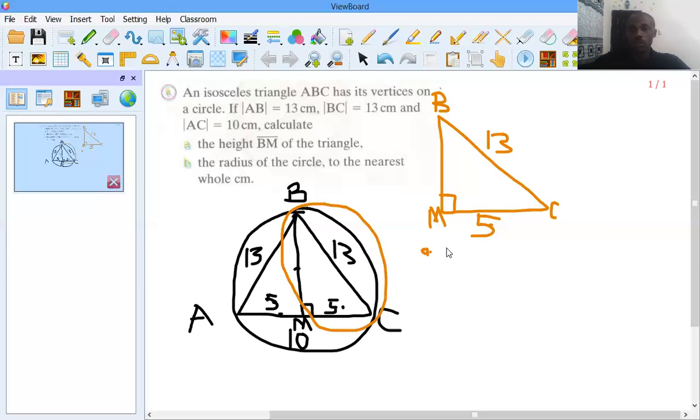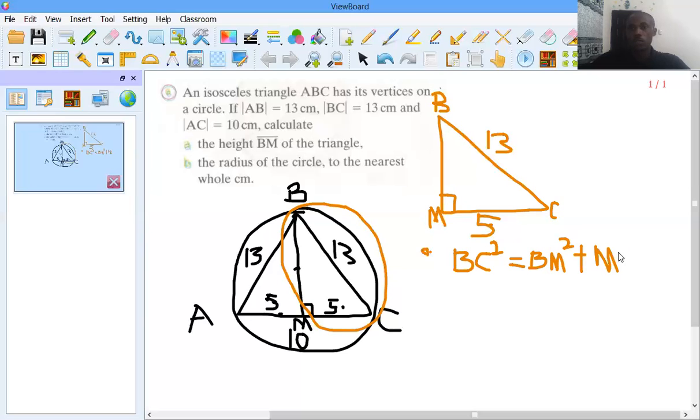So I'm going to be applying Pythagoras theorem here, which states that the square of the length of the longest side, which is the hypotenuse, is always equal to the sum of the squares of the other two sides. BC squared is equal to BM squared plus MC squared.